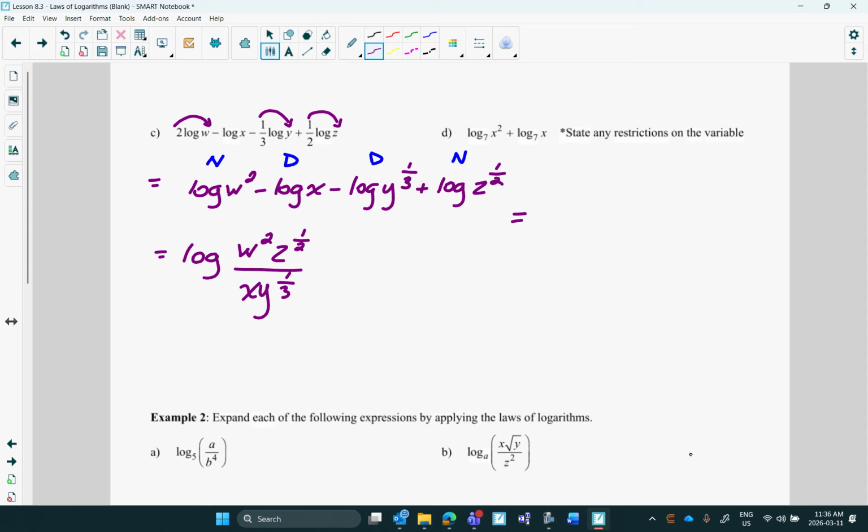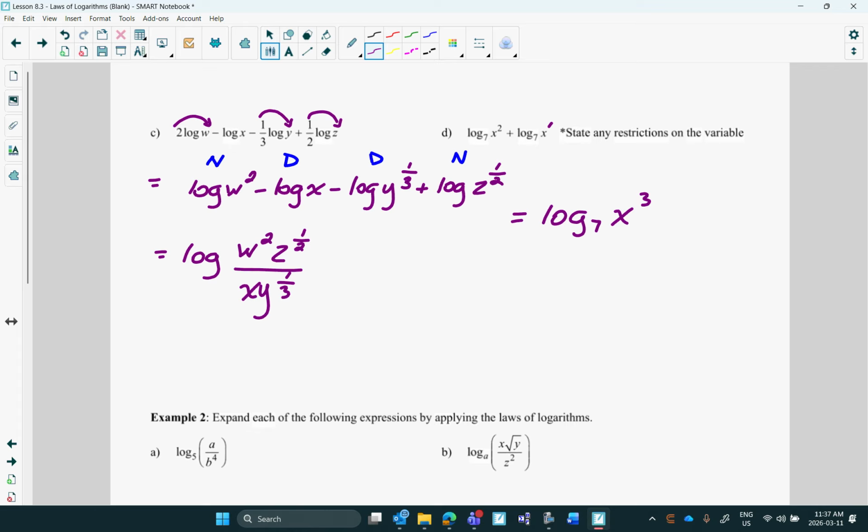It's pretty straightforward. Well, there's no numbers in front, so I don't have to worry about those. So when I combine these, what does it look like? What do I do with these? Right, I multiply them, right? So x squared times x, or x to the first, is x cubed.